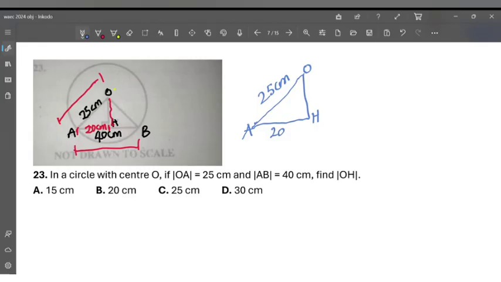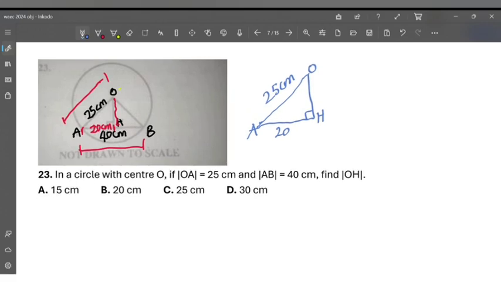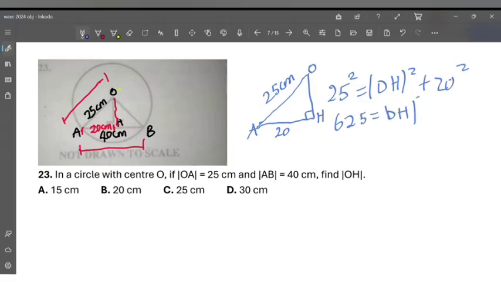If I'm told to find OH, since it's a right angle triangle, I simply make use of Pythagoras rule, which tells me that the hypotenuse squared is equal to the sum of the other two sides squared. So I have 25 squared is equals to OH squared plus 20 squared. All right, so 25 squared is 625 is equals to OH squared plus 20 squared is 400.